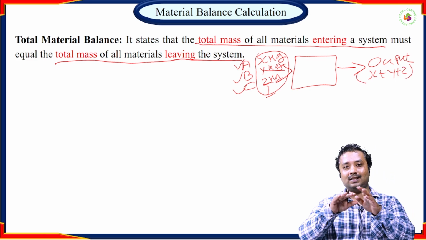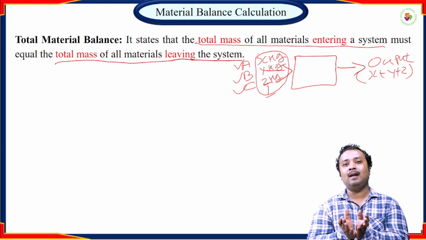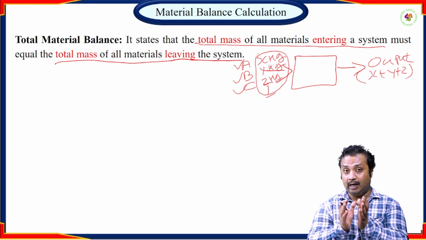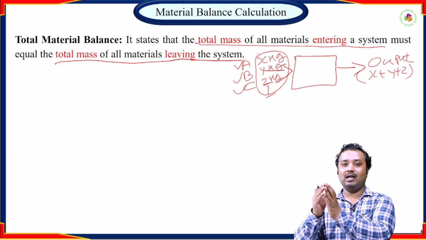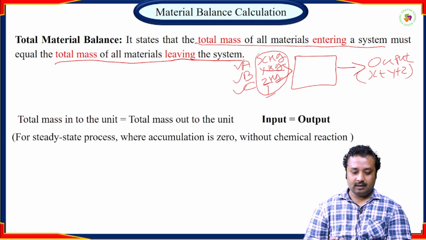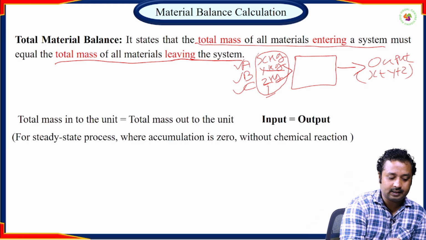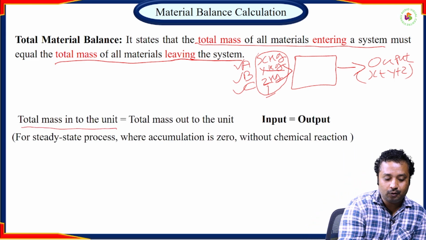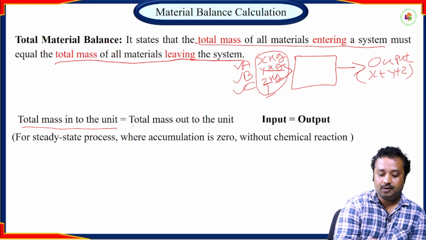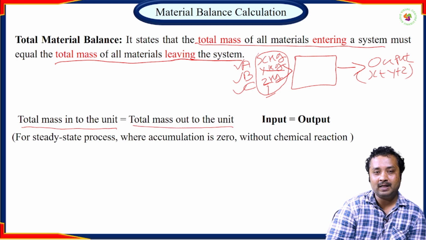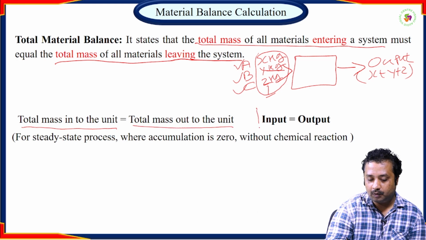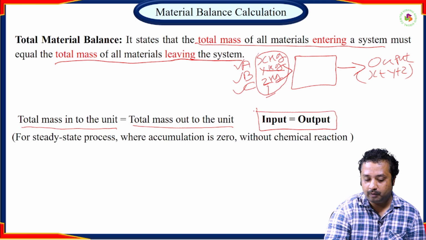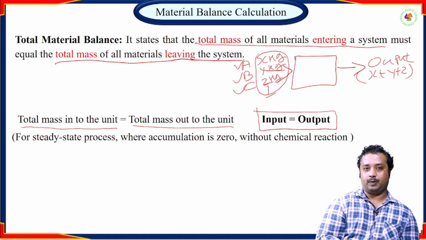In total material balance, we check the overall amount entering and the overall amount leaving the system. As we discussed, the total mass into the unit or system should be equal to the total mass out of the unit, or in equation form, we can write input should be equal to output.